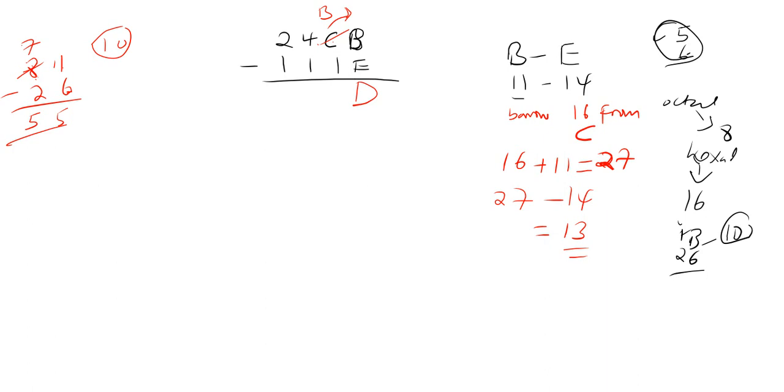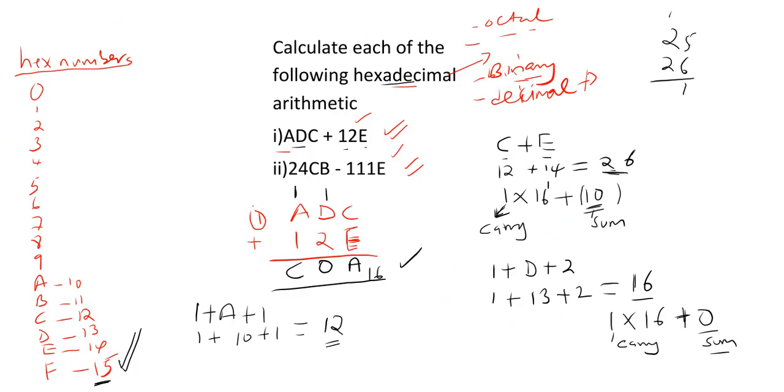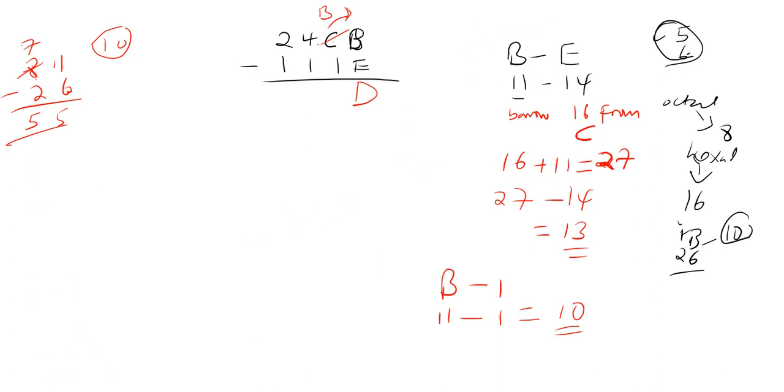So in the second column we have B minus 1, and B is 11. We subtract 1, we get 10. We match 10 to our hexadecimal table, and we find that 10 is A. So in this column now we get A.